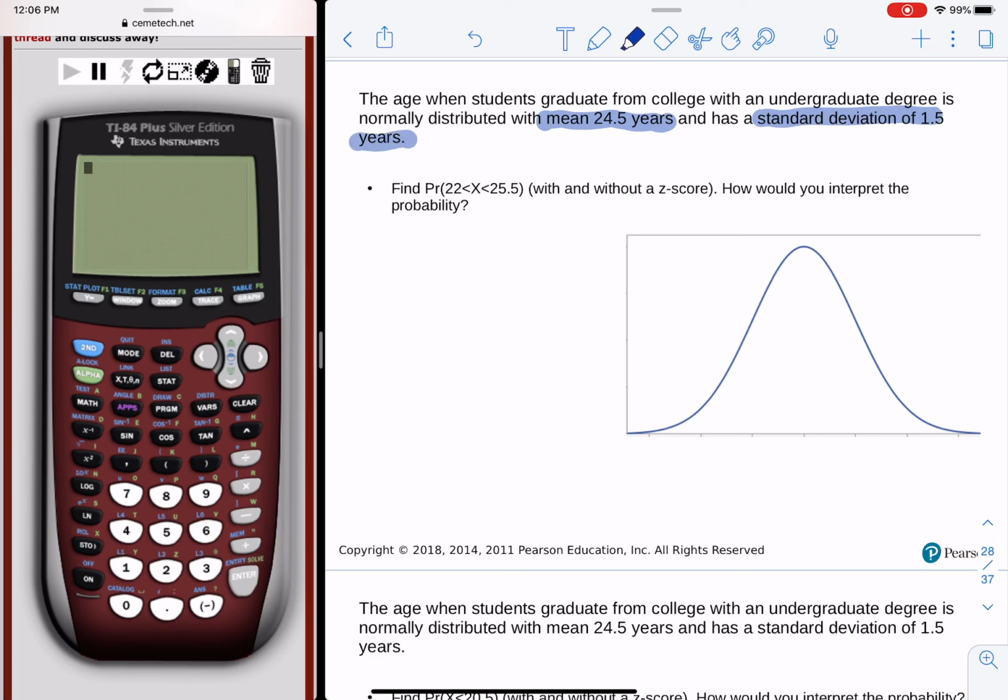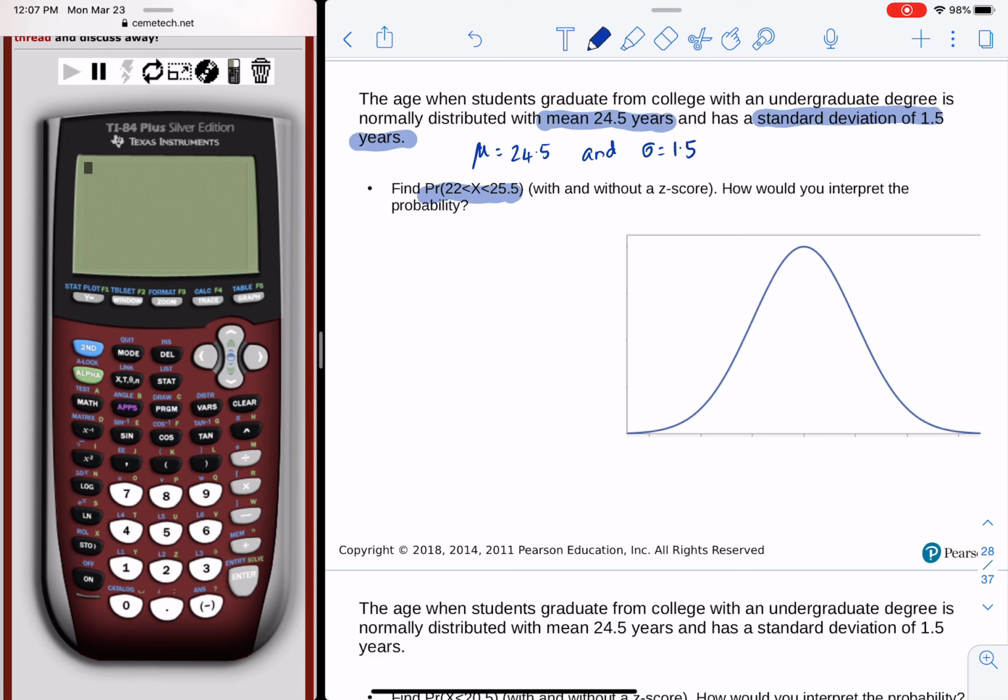So what we know is that the mean is 24.5 and the standard deviation is 1.5. With that information, we want to find the probability that the age when students graduate from college with an undergraduate degree is between 22 and 25.